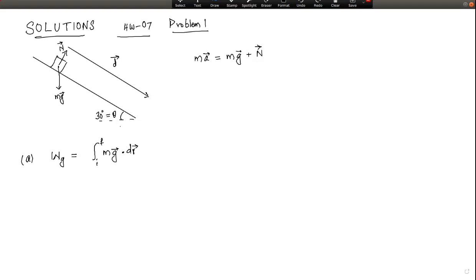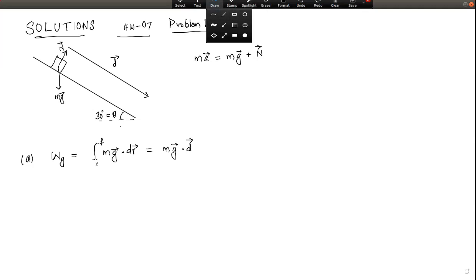Once mg comes out of the integral, if you add up all the tiny displacements, it just comes out to be the total d. So this is simply mg dotted with d. It's a simplification that happens for the gravitational force, which is constant.